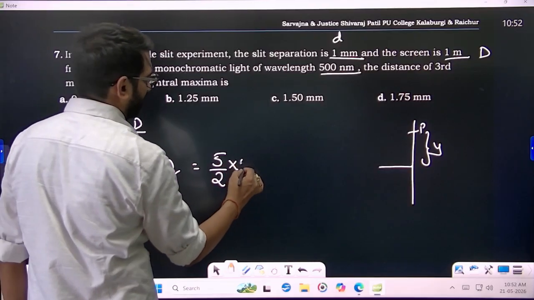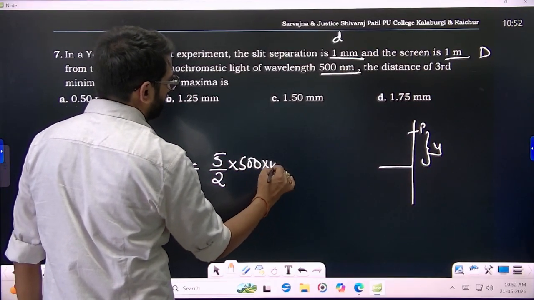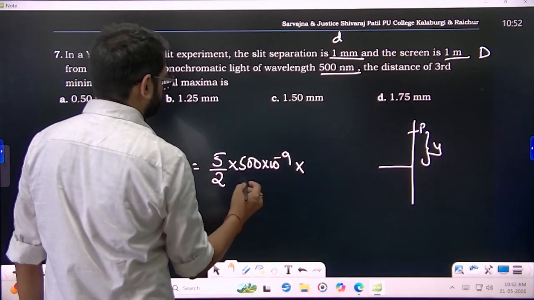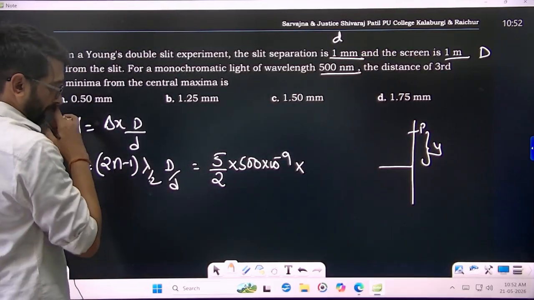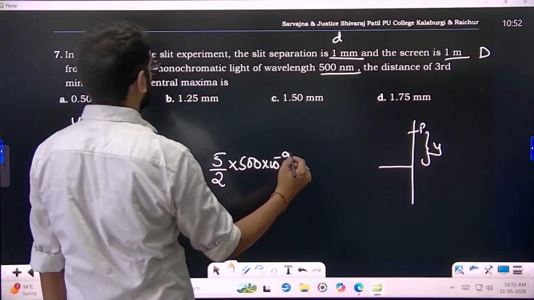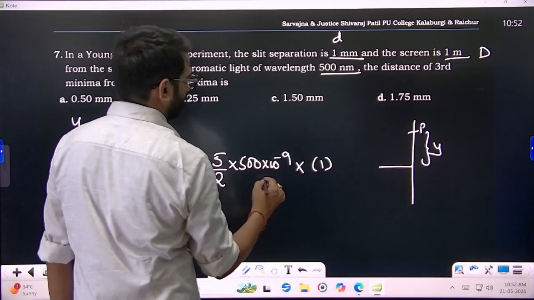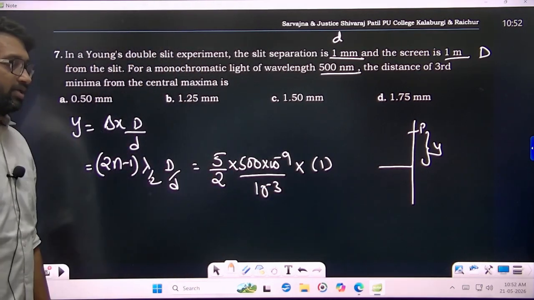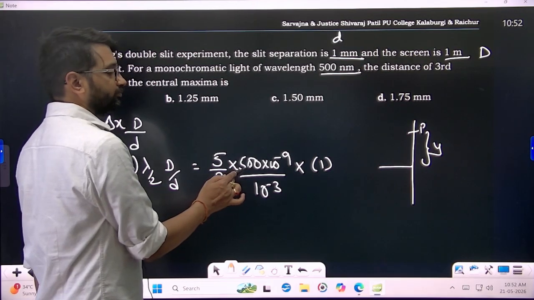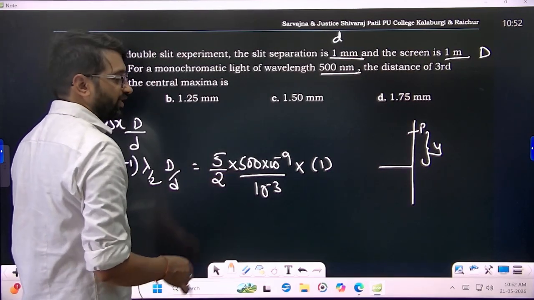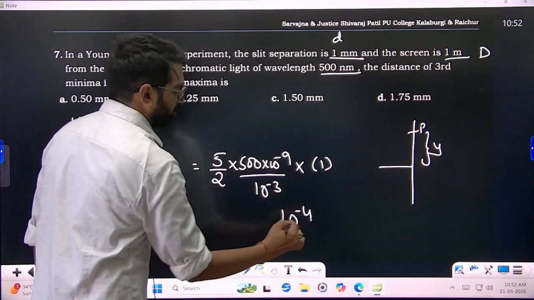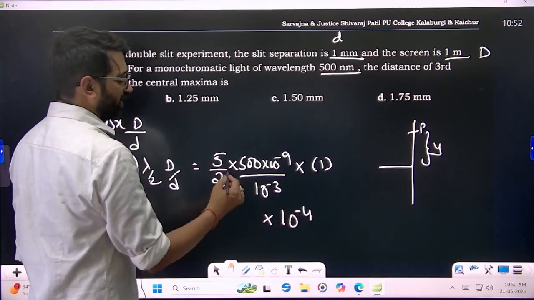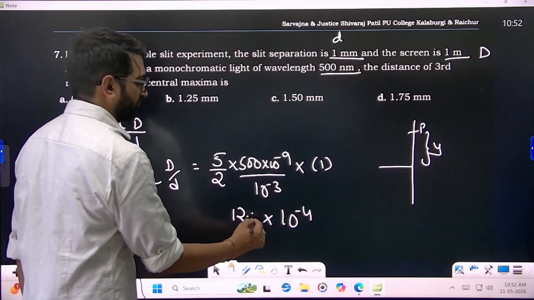Lambda is 500 into 10 to the power of minus 9. 5 by 2 into lambda into capital D, capital D is 1, divided by small d, small d is 10 to the power of minus 3 meters. So this goes to the numerator, 10 to the power 5, 10 to the power minus 4 into 5 is 25. 25 by 2 is 12.5.